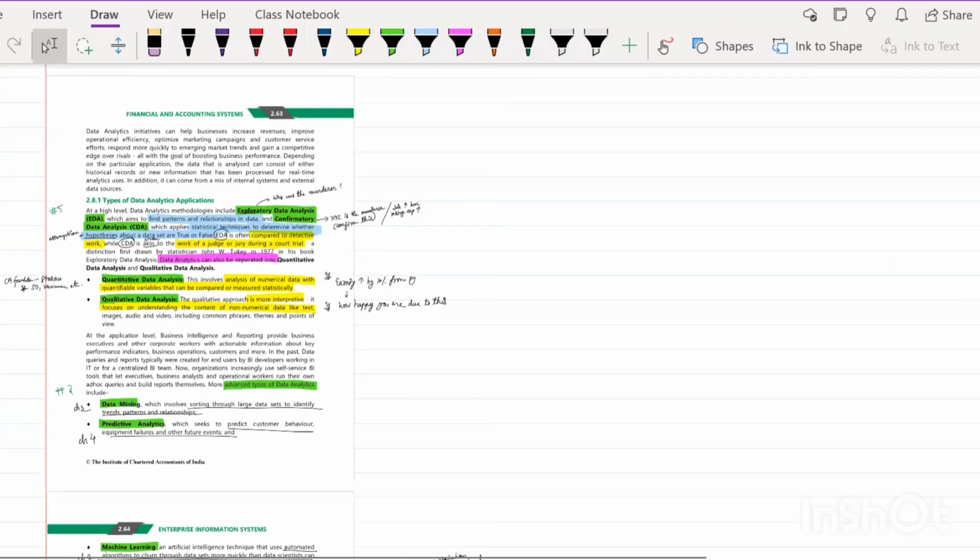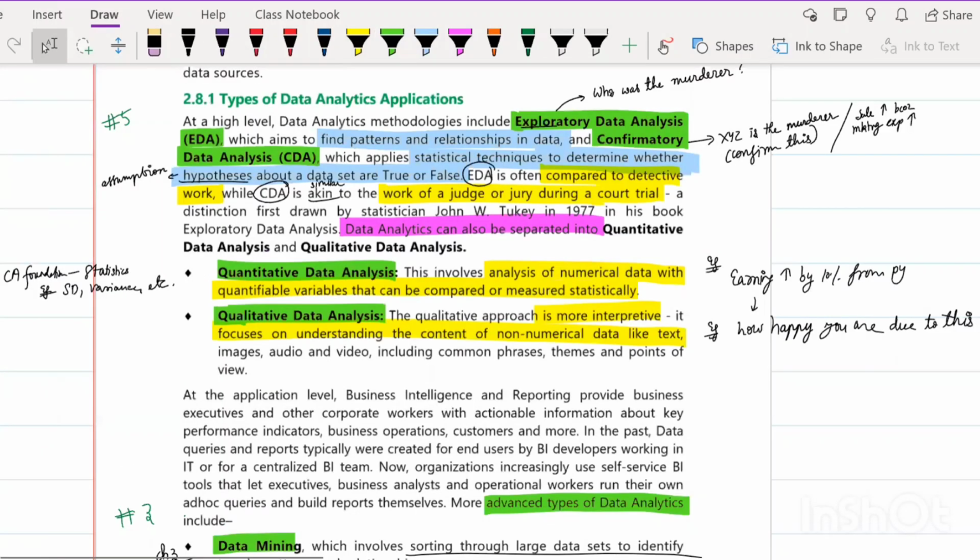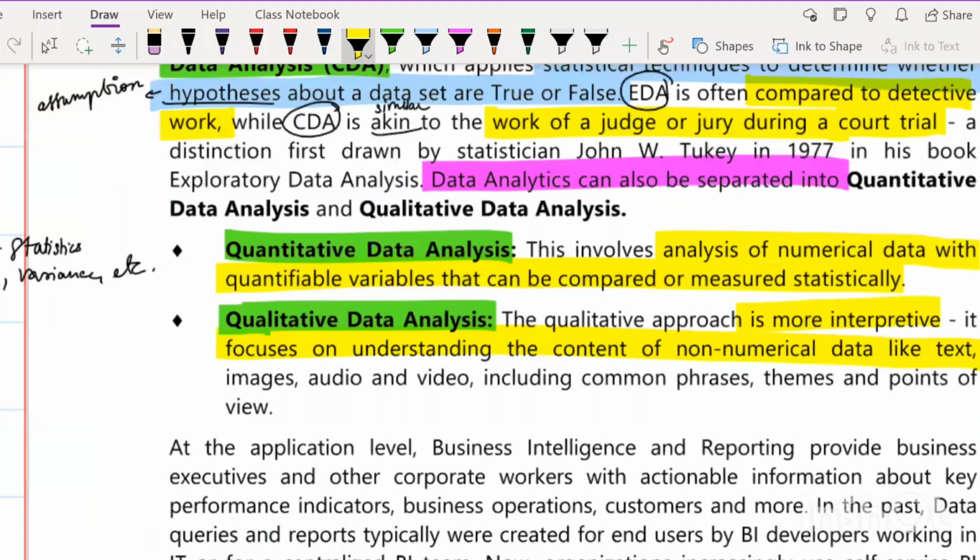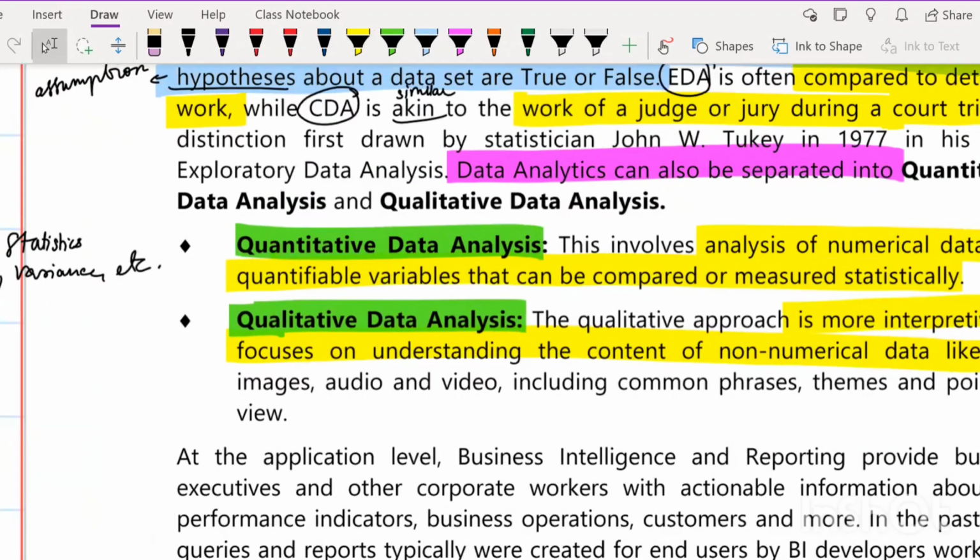Now you have different types of data analytic applications. I hope until this you did not have any doubt. Now we are going to read about different types of data analytics. There are totally 7 kinds of data analytics that we can divide the data into.